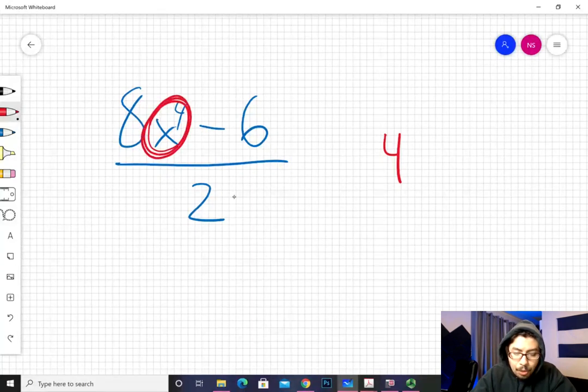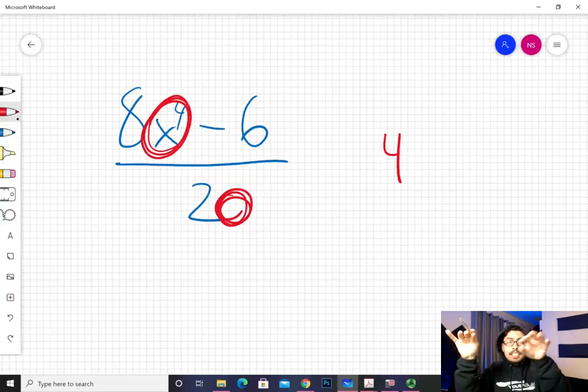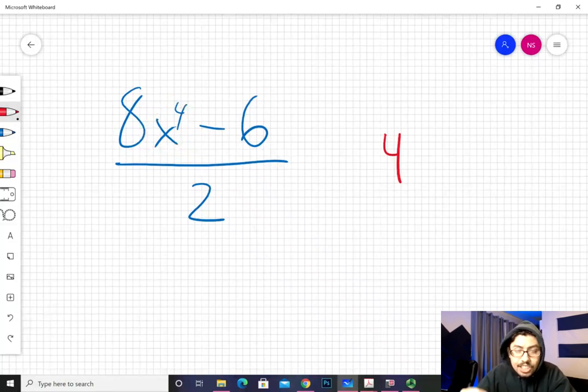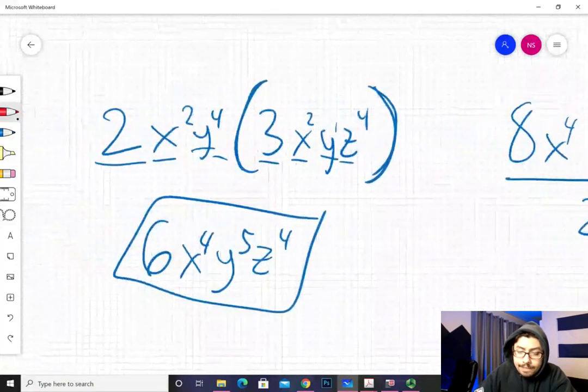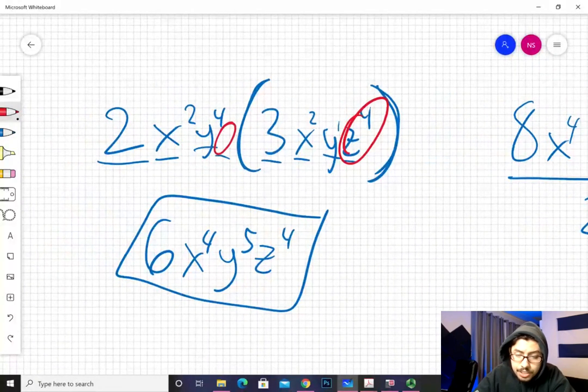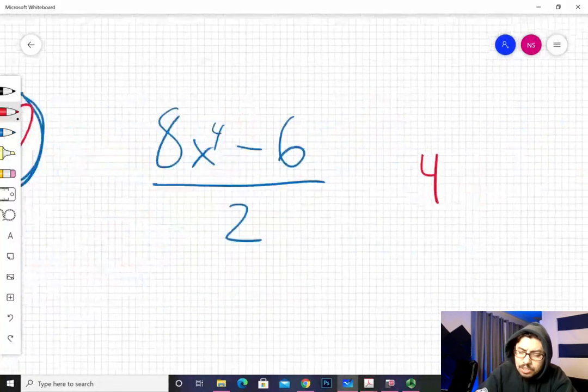So now comes our first thing. In this example, the bottom term, the one that everything's getting divided by, does not have a variable. So these ones are super easy. Just like prior, remember how there was a z and there was no z, so it just got brought down. Sort of the same thing.